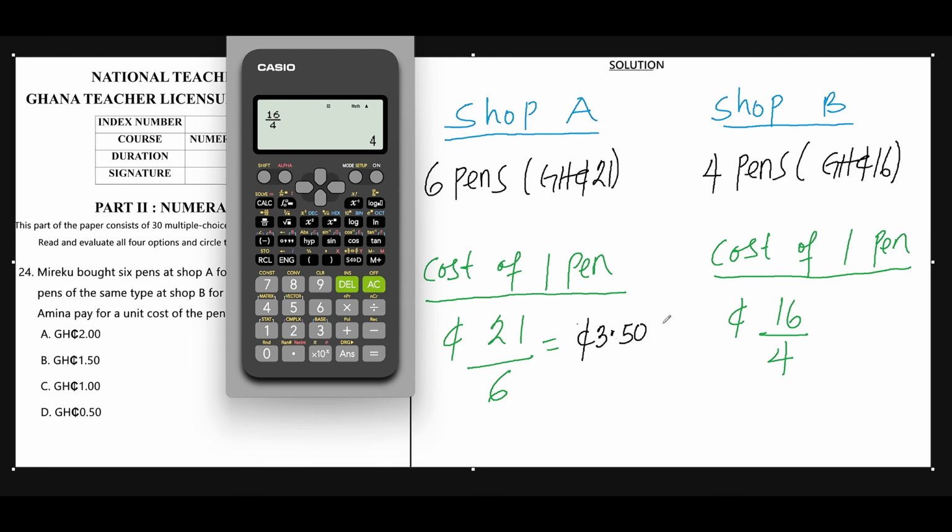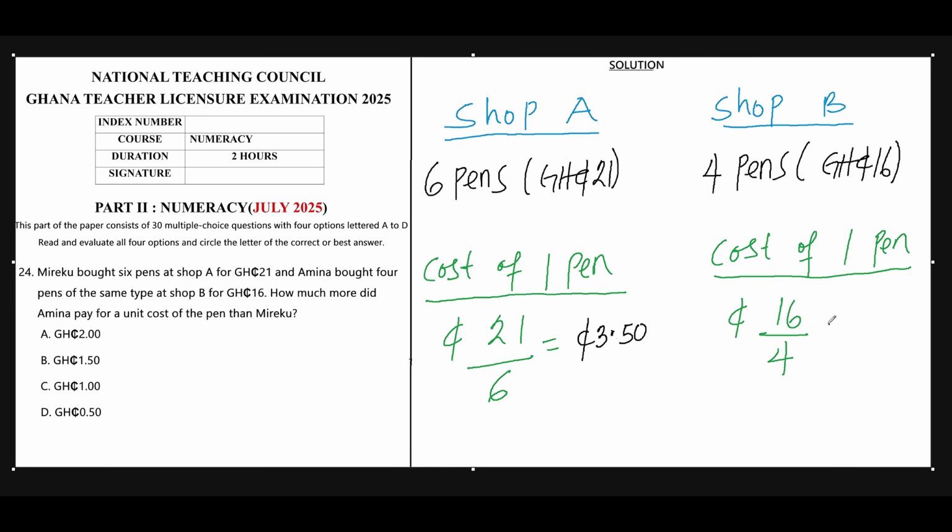So that is exact. We have 4 Ghana cedis. So we can now compare: the cost of a pen in shop A is 3 cedis 50 pesos, and the cost of a pen in shop B is 4 Ghana cedis.